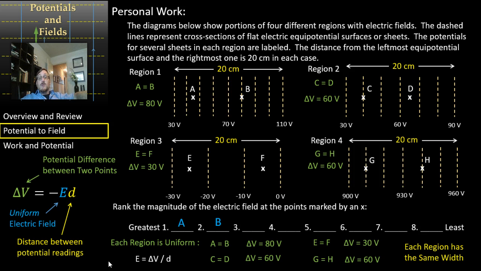So does G and H. So C, D, G, H, those are all equal, so we can write them down in any order we want right here. As long as you have those four in the middle there, you are fine. Okay, and then E and F have the weakest field, where the delta V is 30, and there you are at the end. Okay, so that's all we really were looking for in this case, right?